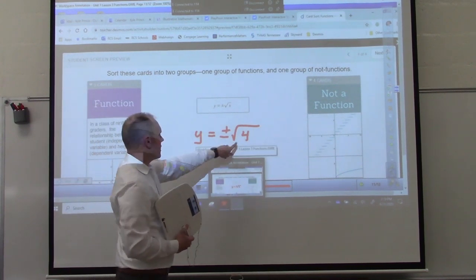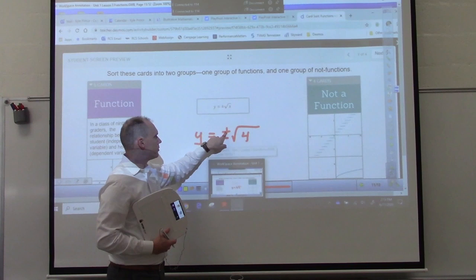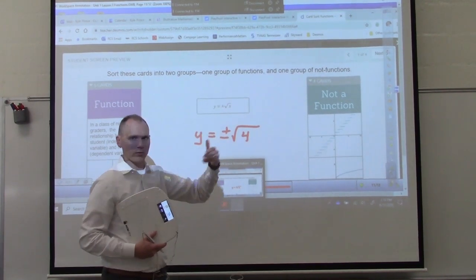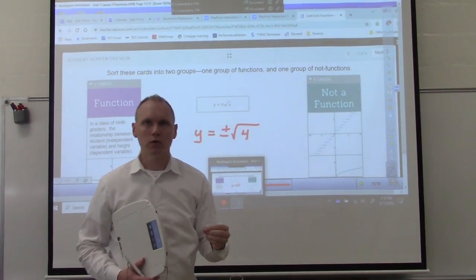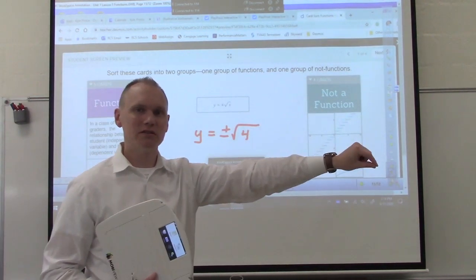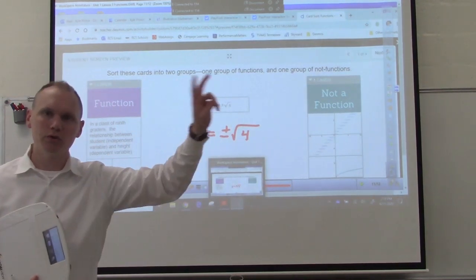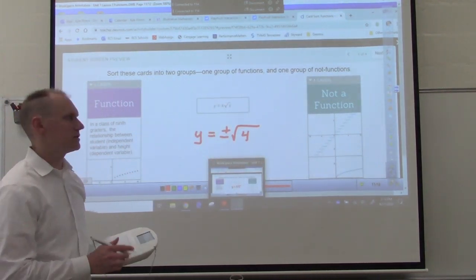The square root of 4 is 2, and this plus or minus means you're going to end up with both plus and minus of that value. So 4 as our input resulted in plus 2 and minus 2. Because that input had multiple outputs, it is not a function.